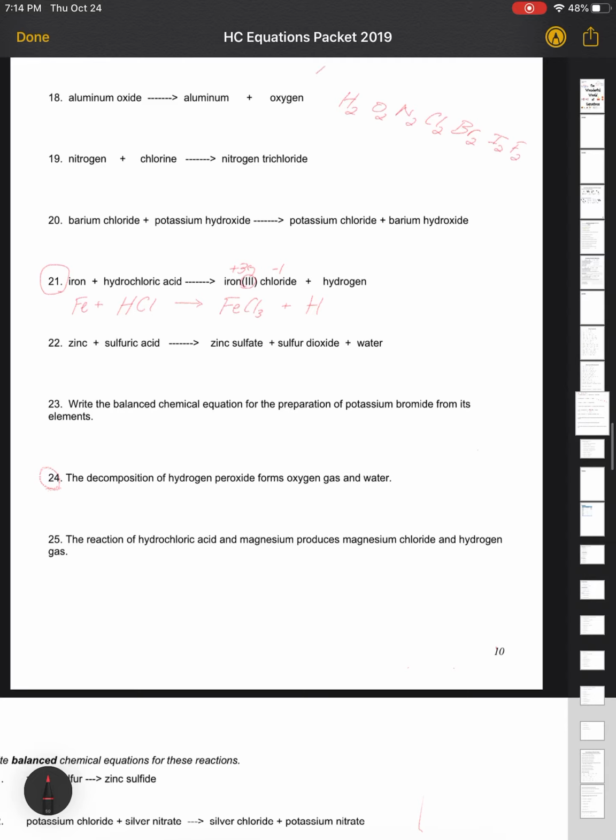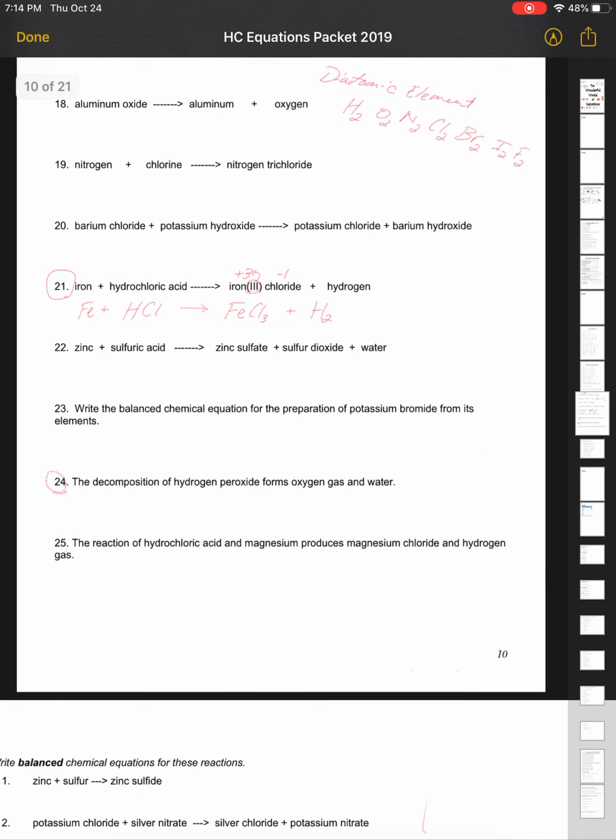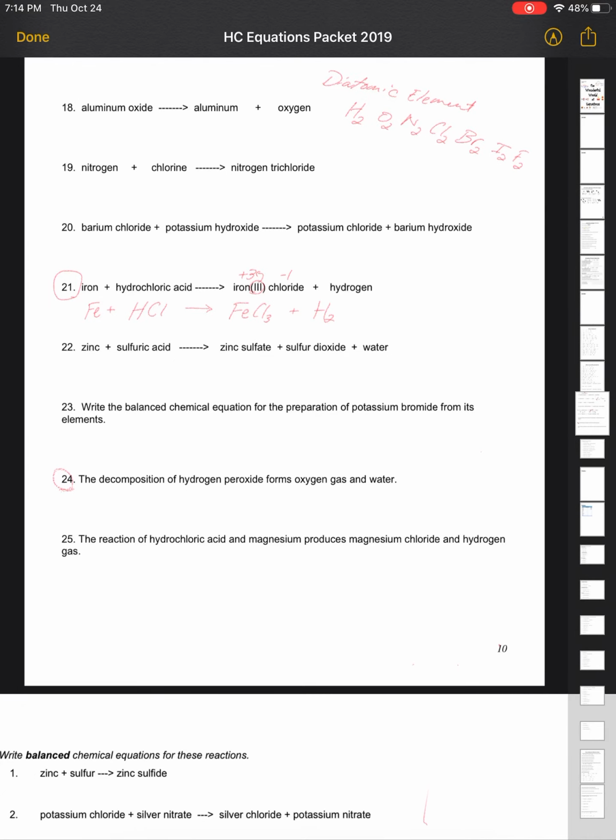These are called diatomic elements. And so anytime you see hydrogen, like we do in this problem, we have to write it as H2. If we were to see the same thing with oxygen or nitrogen or chlorine or bromine or iodine or fluorine, we would have to write them as H2, O2, N2 and so on, respectively. So this is our friend Hankel-Briff.